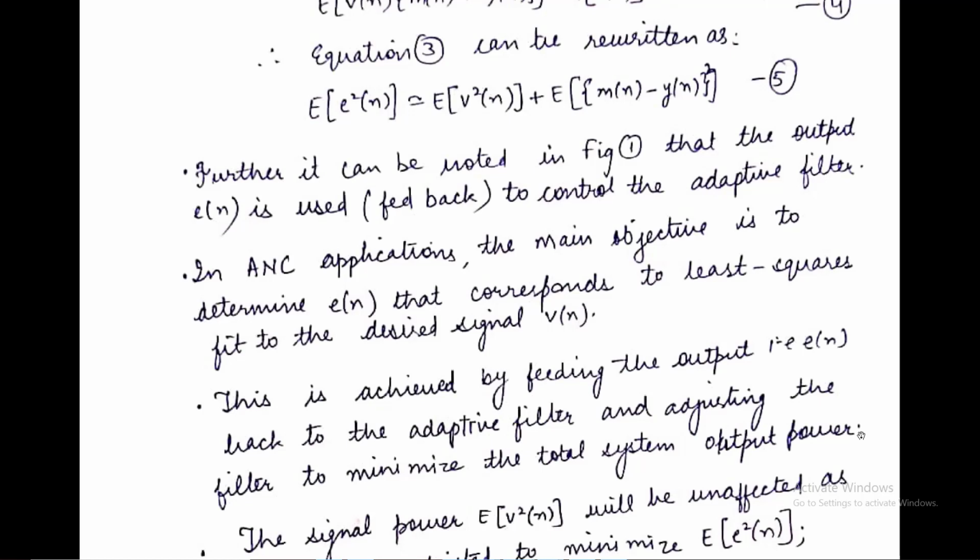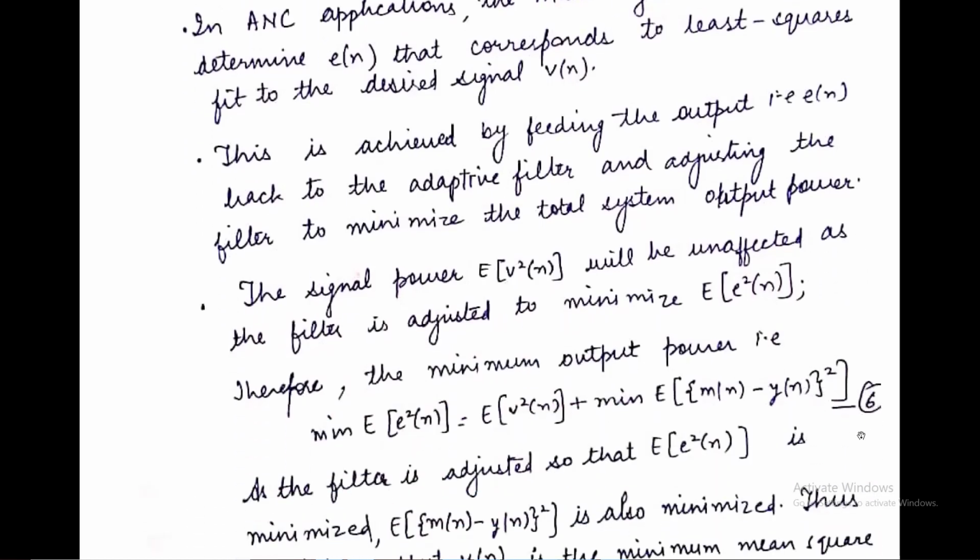Now, what is signal power? How will it be affected? The signal power is nothing but expectation of V square n, because V is basically your actual signal. So the square of that and taking the mean is nothing but power, which will be unaffected as the filter is adjusted to minimize this mean square error function, and therefore the minimum output power, that is the minimum of expectation of E square n.